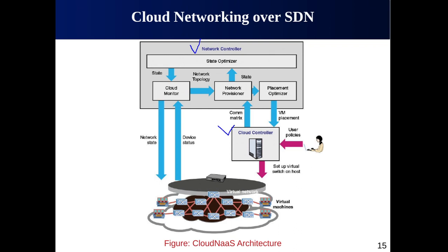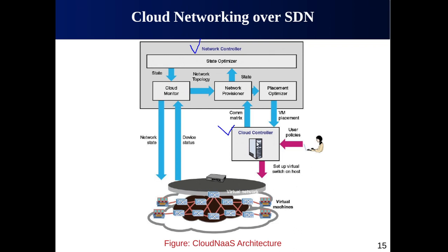And the user can communicate, or you can say send requests for setting up these virtual machine instances. Okay, so he can communicate with this cloud controller, and the cloud controller actually manages a software programmable virtual switch on each physical server in the cloud.